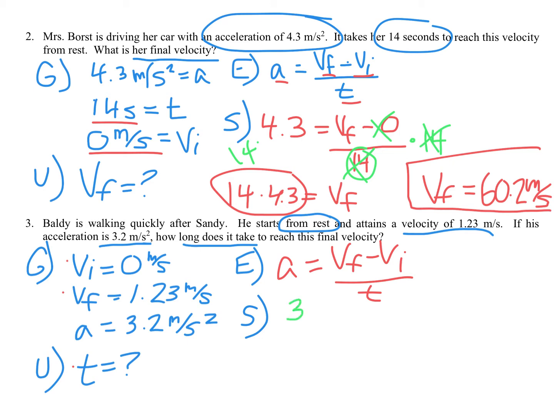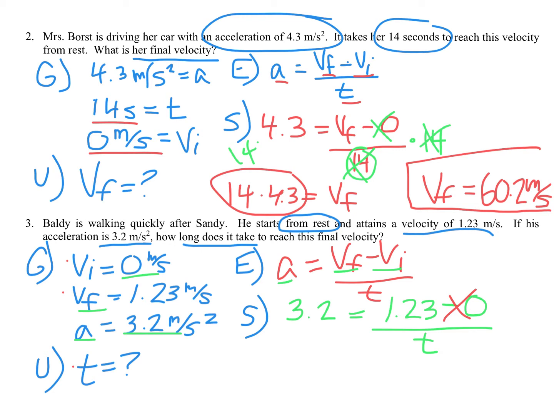For my acceleration, A, that's going to be 3.2. For my final velocity, VF, which is right here, it's going to be 1.23. For my initial velocity, it's 0, so subtract 0, and then divided by T for time. Now that I have that, the nice thing is that minus 0 gets canceled out.